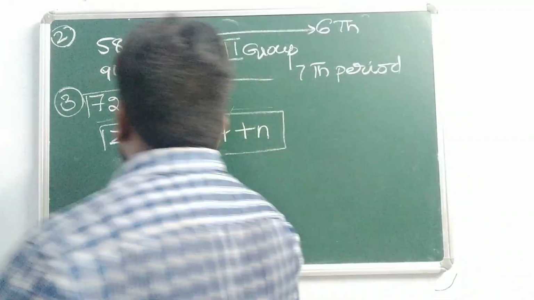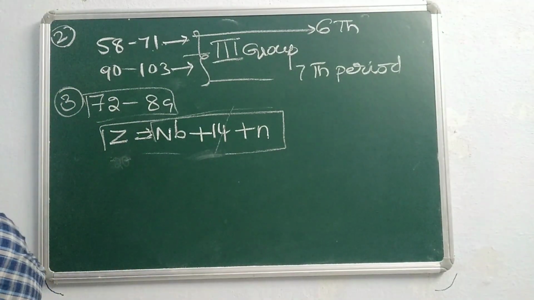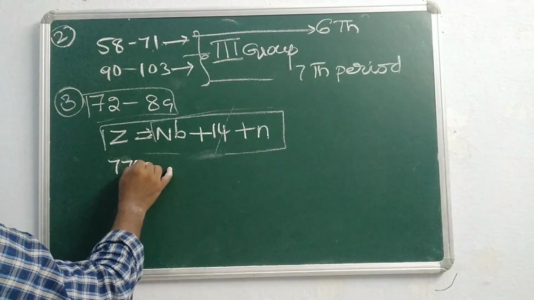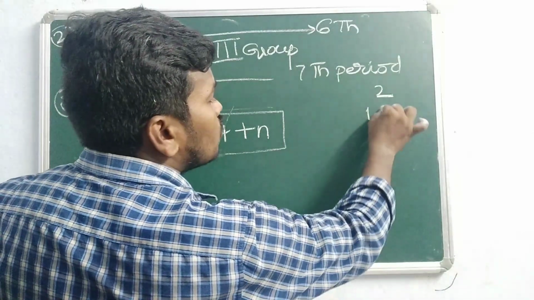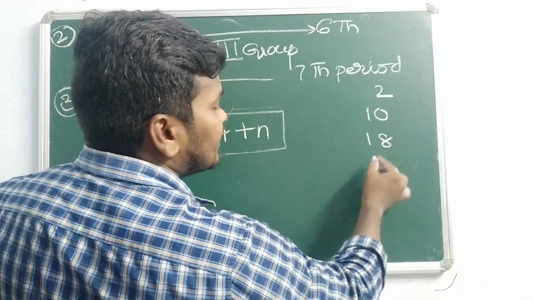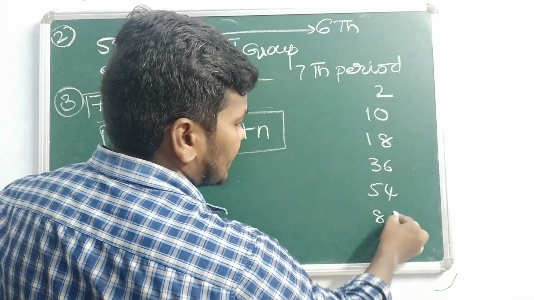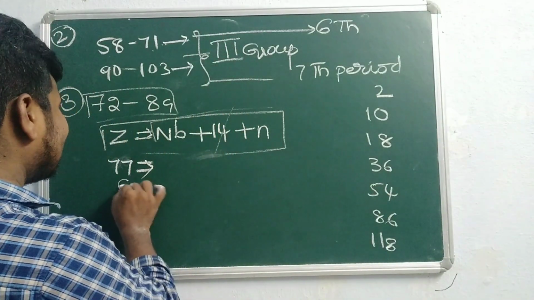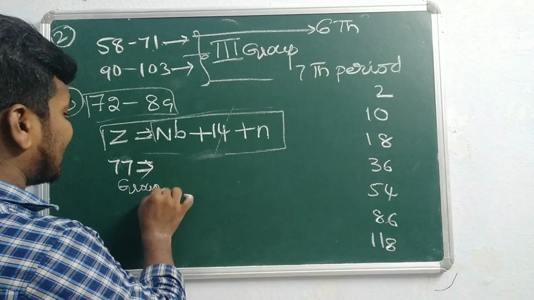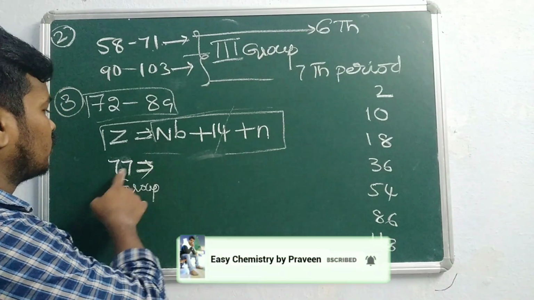Now you can see some examples. Take atomic number 77. Just remember again the noble gas numbers: 2, 10, 18, 36, 54, 86, 118. While calculating the group number, take the given atomic number 77.